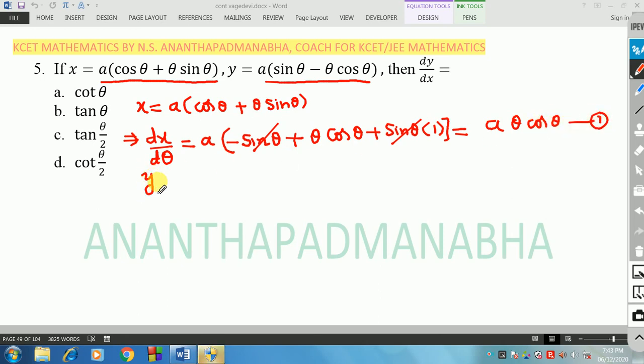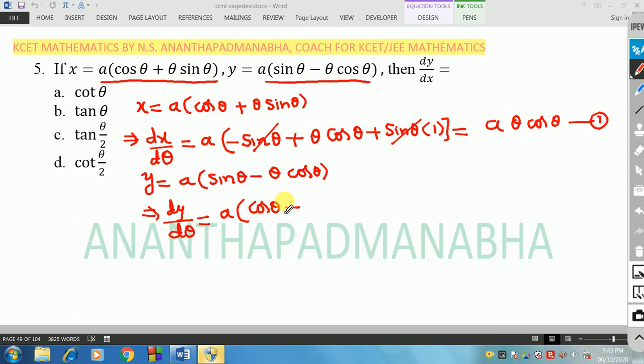Next I will consider y is equal to a into sin theta minus theta into cos theta, which gives dy by d theta as a into derivative of sin theta, which is cos theta, minus, let us apply the product rule again. First function is theta, derivative of cos theta is minus sin theta, so this minus becomes plus.